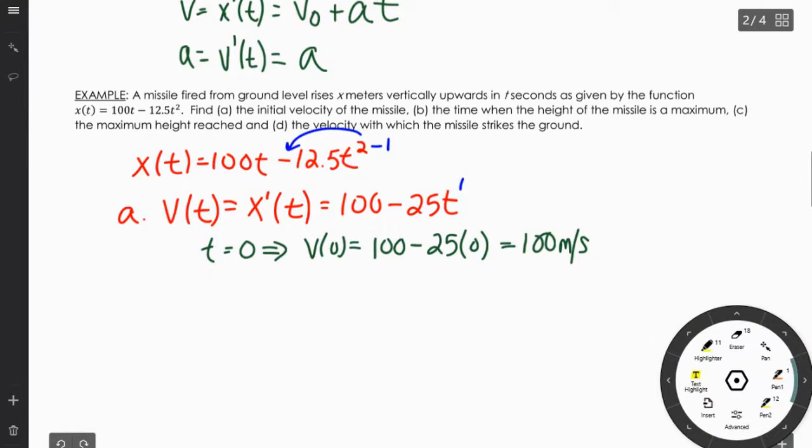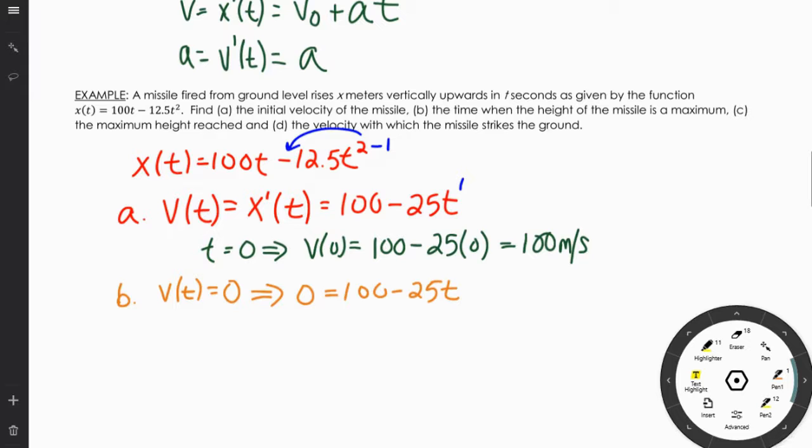Now, for part B, we want the time when the height of the missile is a maximum. The maximum occurs when the velocity equals 0. So we're going to set our velocity function equal to 0. We do 100 minus 25t, so 0 equals 100 minus 25t.